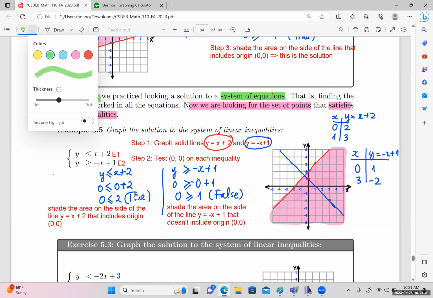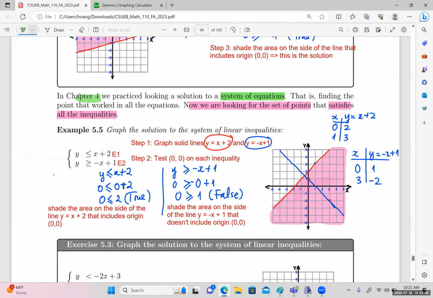Okay, so as you see, this is the blue one, right? I want to shade the area not including the origin. So I should go up over here and shade the area. Okay. So as you see now, we will have the overlap.